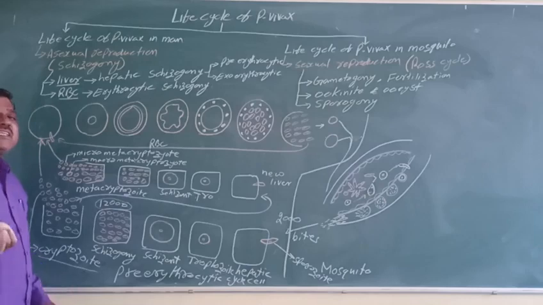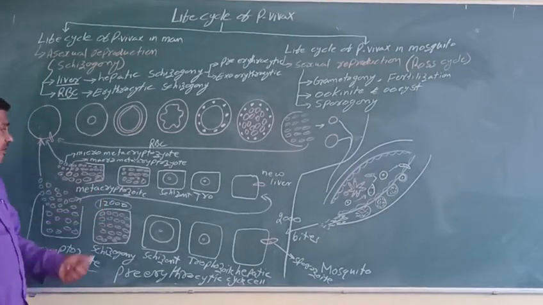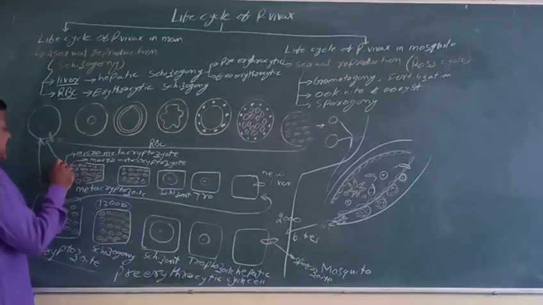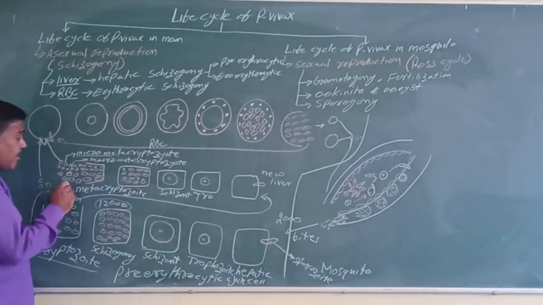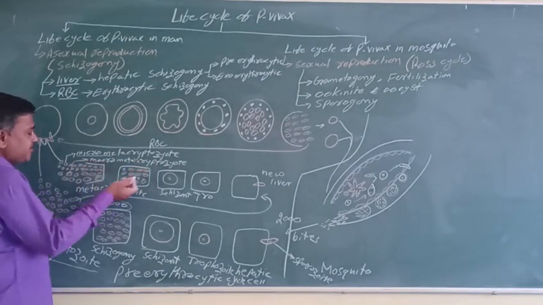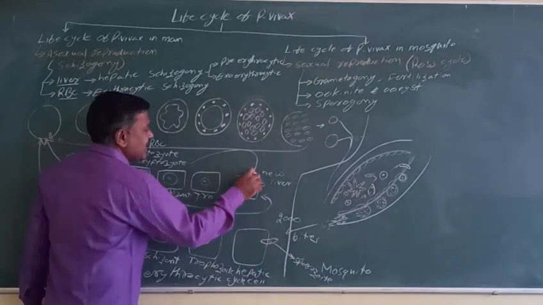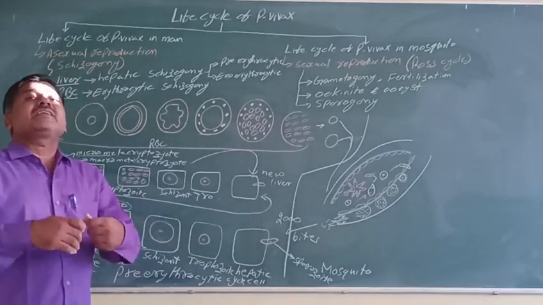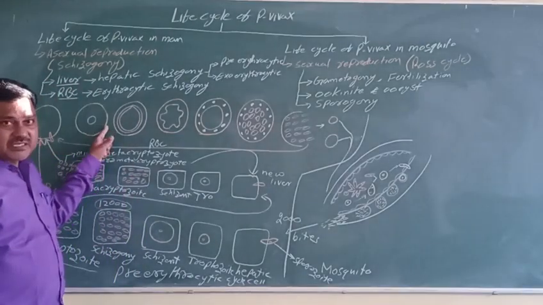Now why is there a need to form two types of metacryptozoites? Because micro metacryptozoites function to infect the RBC. Macro metacryptozoites can again go and infect a new liver cell and multiply, increasing their population to act on RBC.